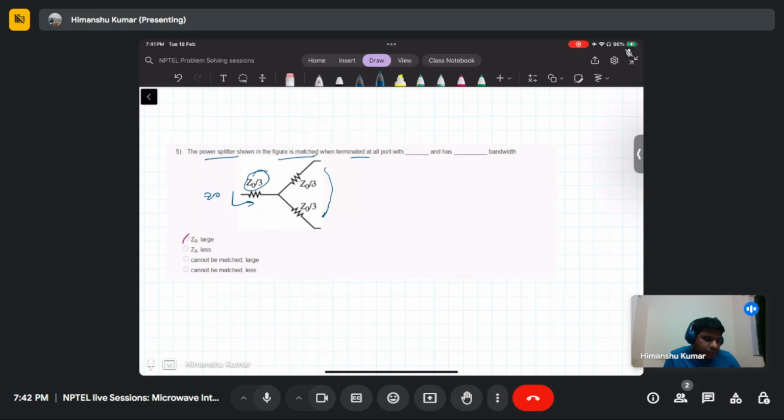So basically you can achieve matching at all frequencies, and this Z naught is independent of the frequency. So your bandwidth is approximately large or infinite. So the correct option is Z naught, and the bandwidth is large.